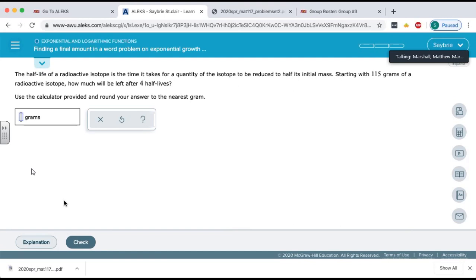So I was making this more complicated. So 115 divided by 16, I think you get 7.1. Round to the nearest gram. So that would be 7 grams. If that makes sense? I think that's right. No, just round to the nearest whole gram.